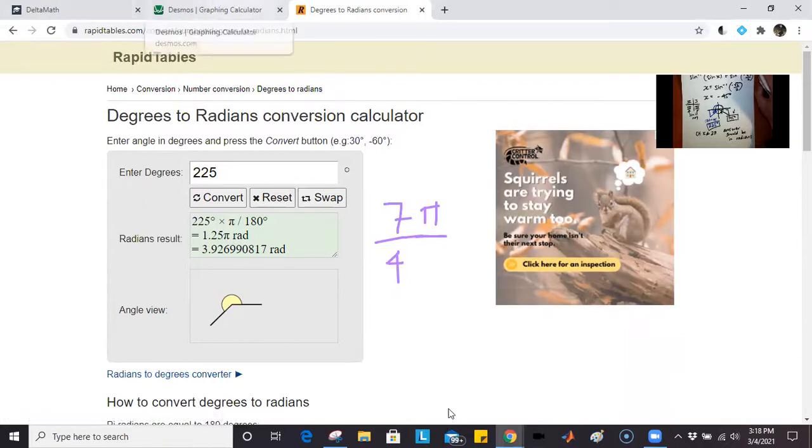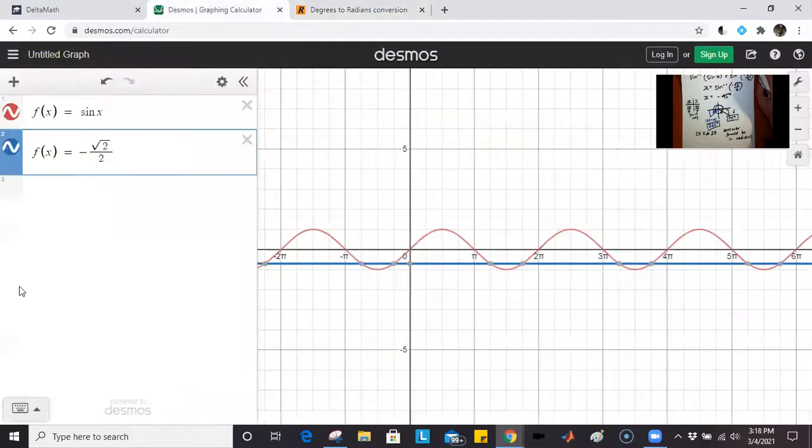But let's just go look at what it says on the Desmos, because you know that's the prettiest. In Desmos, it's already in radians, also nice. So I've got sine of x, and we want it to equal negative square root of 2 over 2, and we're restricting ourselves to 0 to 2 pi. So I've got an answer here at 5 pi over 4, awesome, and 7 pi over 4.